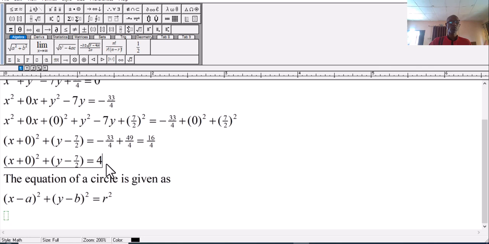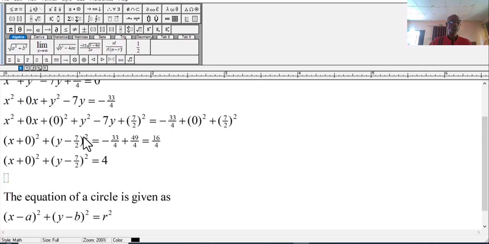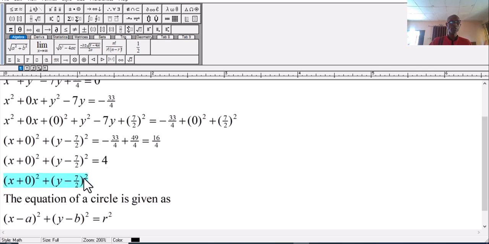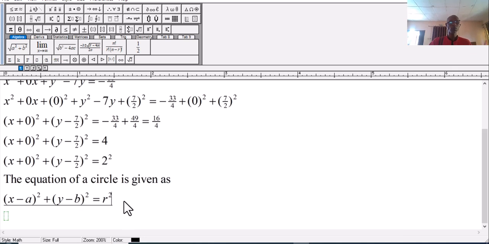So this, I can still work on this. This is squared, sorry, this is an omission. So I can still work on this and bring it down here. So this one will not be 2 squared, so that it looks similar to what we have done there.